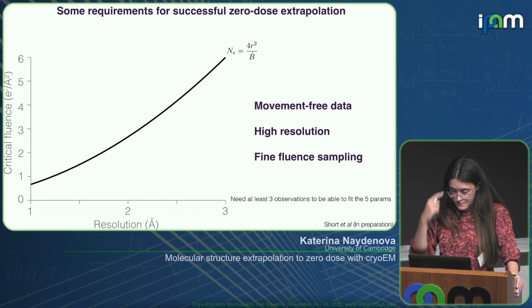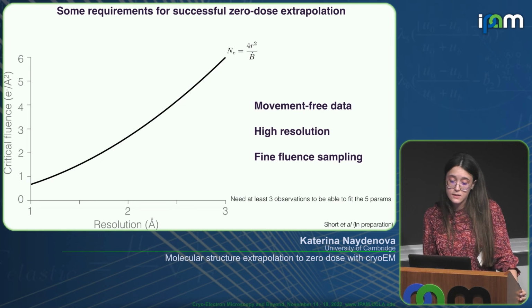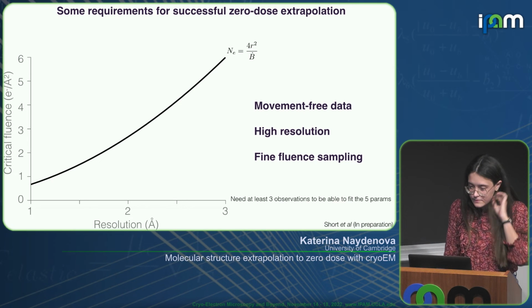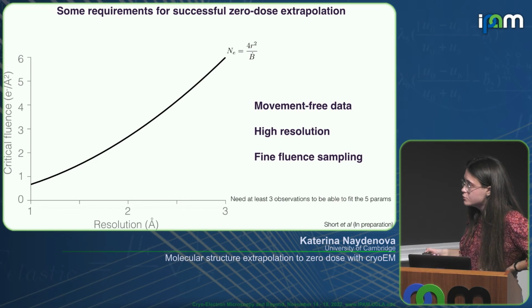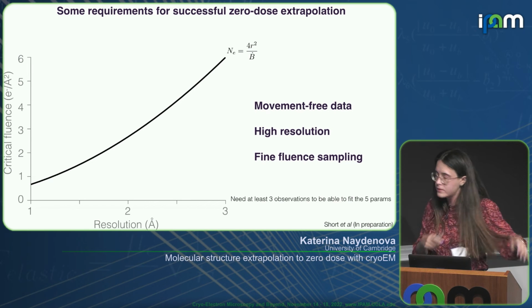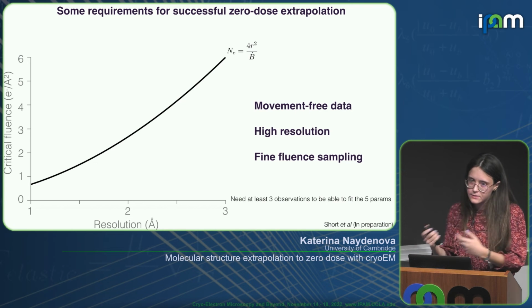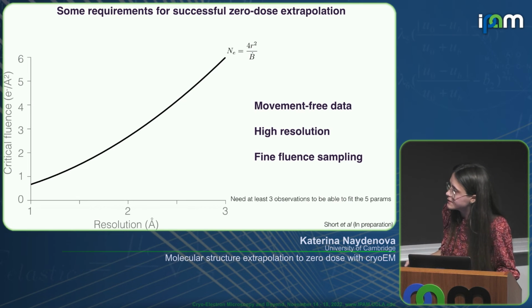All right, with that, I just want to discuss a few limitations and requirements of this approach, which you should be aware of. So this definitely requires movement-free data. You cannot just take your old data set on carbon grids and try to do that, because the model that we try to fit is not valid in the presence of movement.